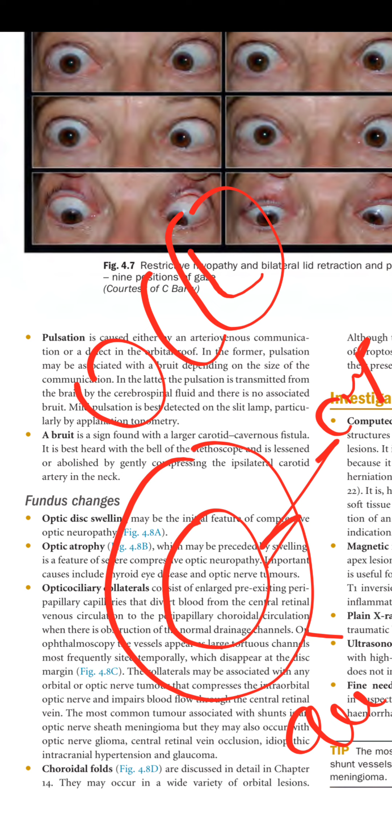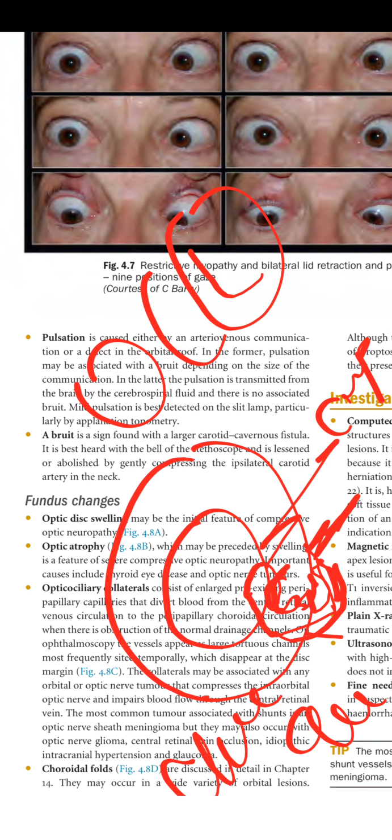They direct the blood flow from the retinal vein to the choroidal circulation, and when this happens there will be dilation and tortuosity of those capillaries. But one thing very important: it disappears at the disc. So these are known as collaterals.